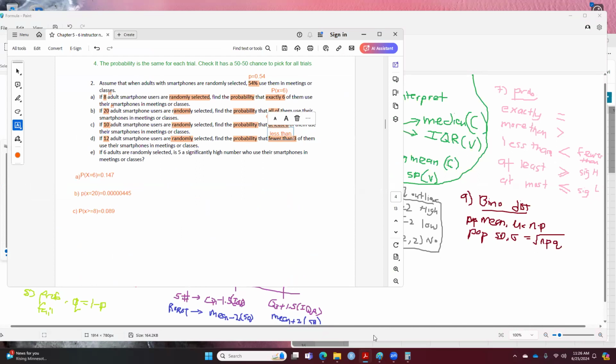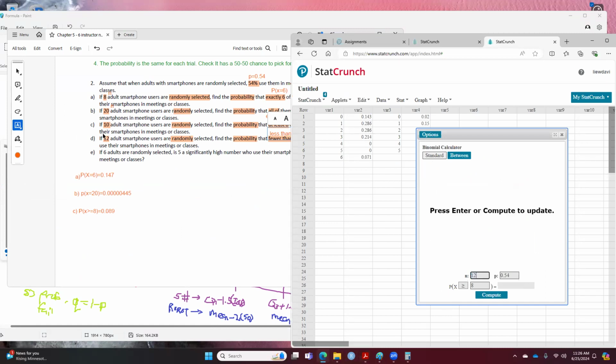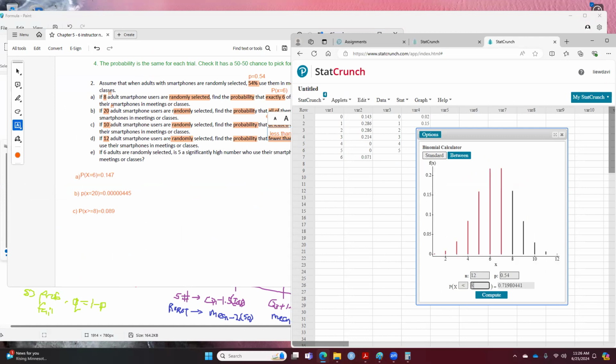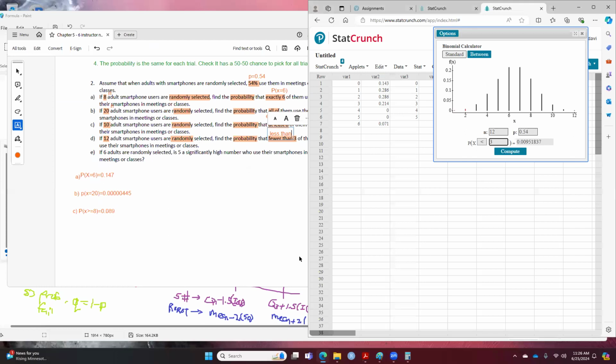In question D here, you have to use n is 12 because we are picking 12 people. Less than 3, so make sure you change. Is that 3 the one I'm looking for? Yep, less than 3 is the one. So this is the answer in this case.